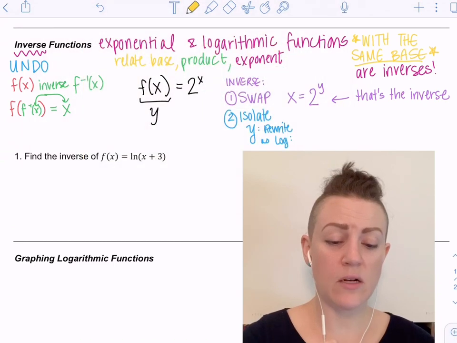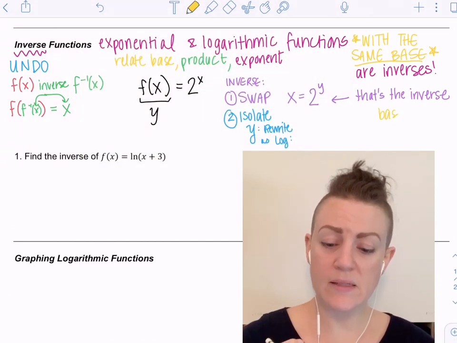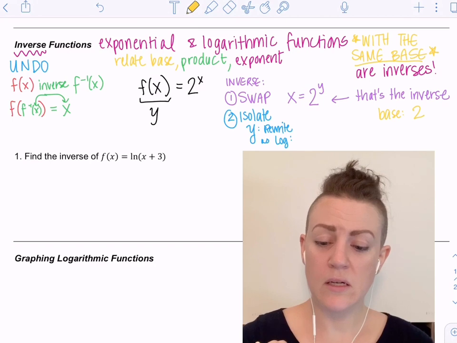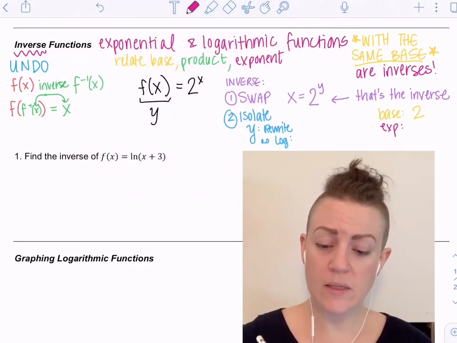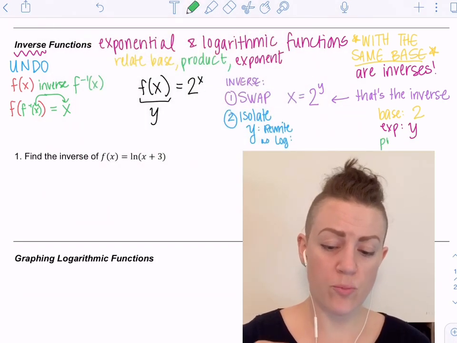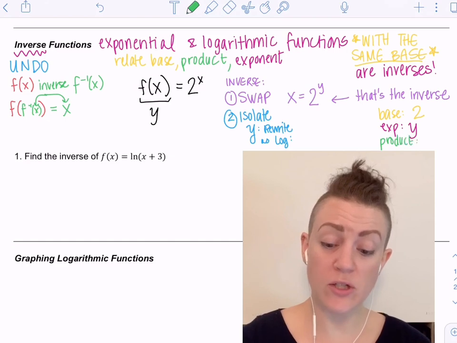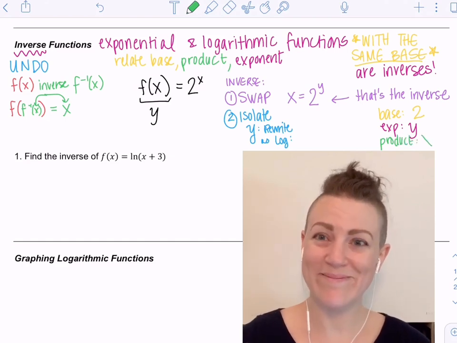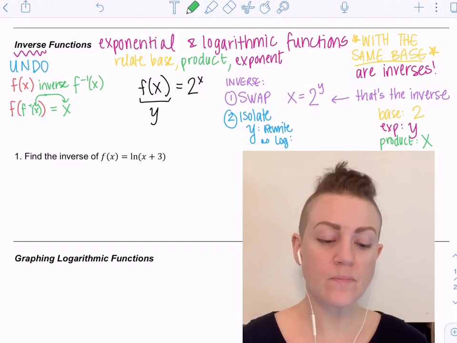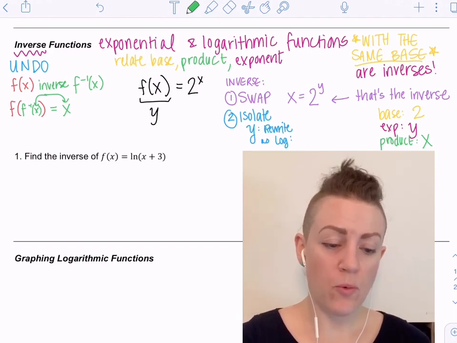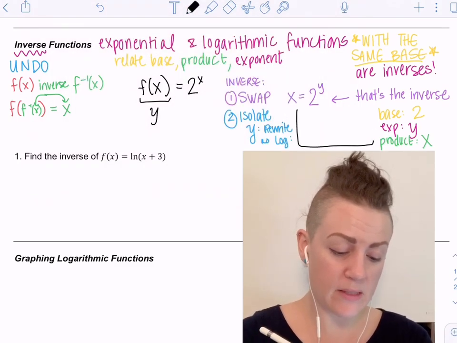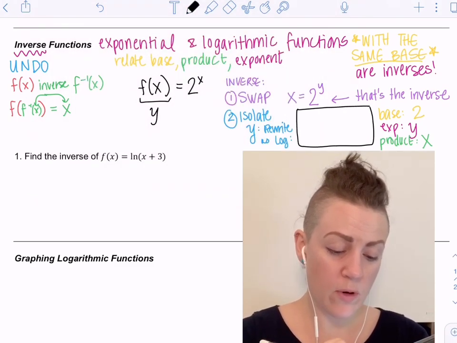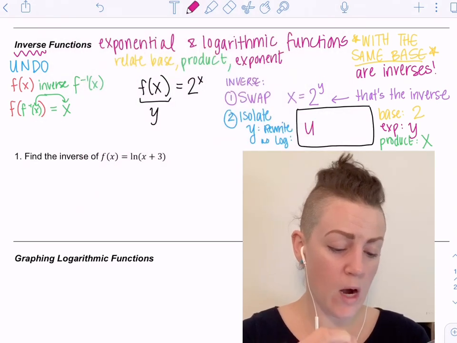So let's take note of what our base is. Here, our base is 2. Our exponent is y. And our product, what happens when you multiply 2 by itself y times? You get out x. So we now have all the info we need to rewrite. I'm going to make a big box here for our final answer. What is our exponent? It's y.